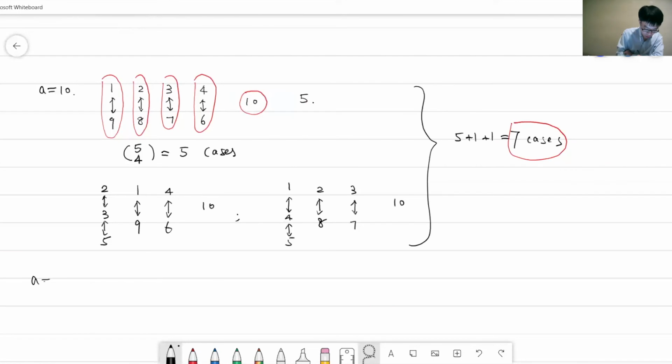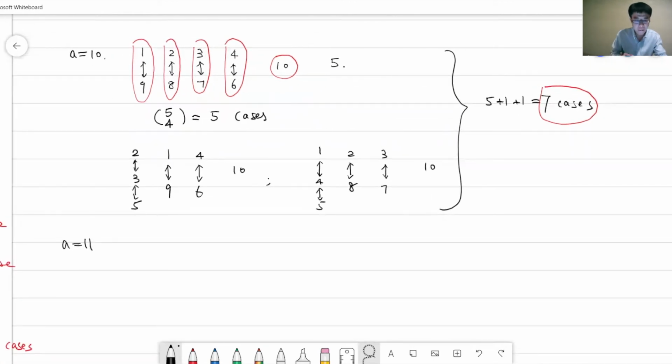Now A equals 11. For A equals 11, we have 5 pairs of sticks that sum to 11: 1 plus 10, 2 plus 9, 3 plus 8, 4 plus 7, 5 plus 6.